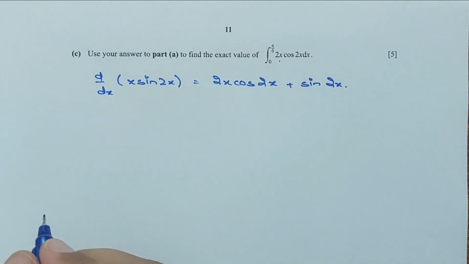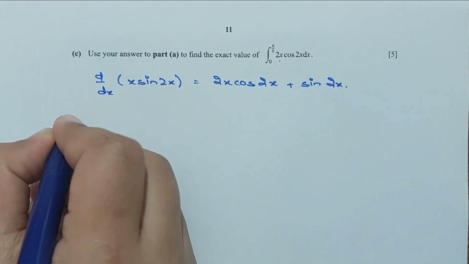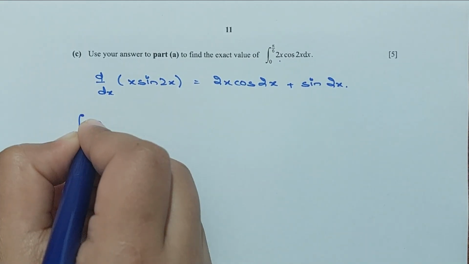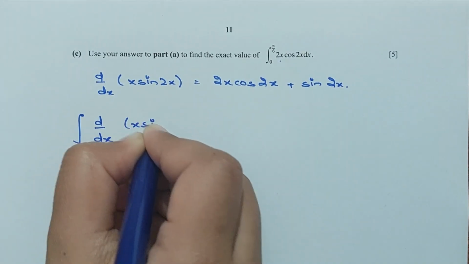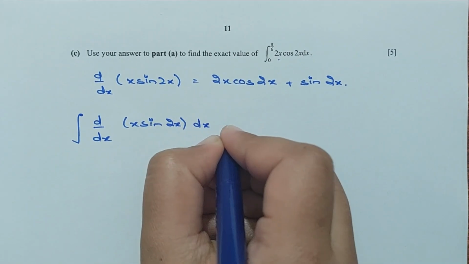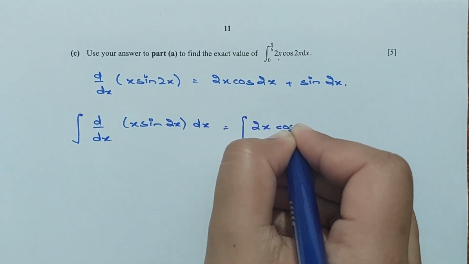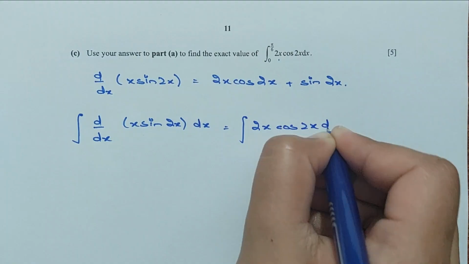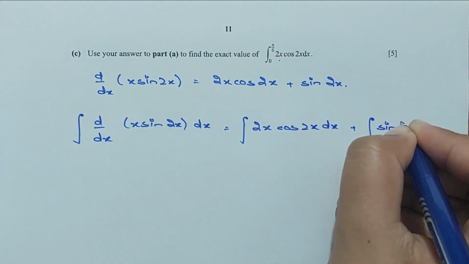Now this is the answer for part A. So let me take an integral on both sides from 0 to pi by 6. So the integral of d over dx of x sine 2x dx, and the integral of 2x cos 2x dx plus the integral of sine 2x dx.